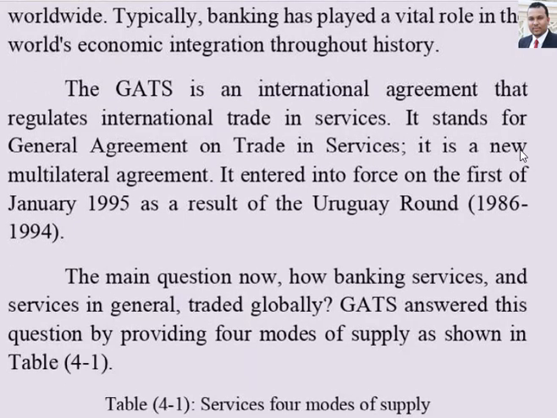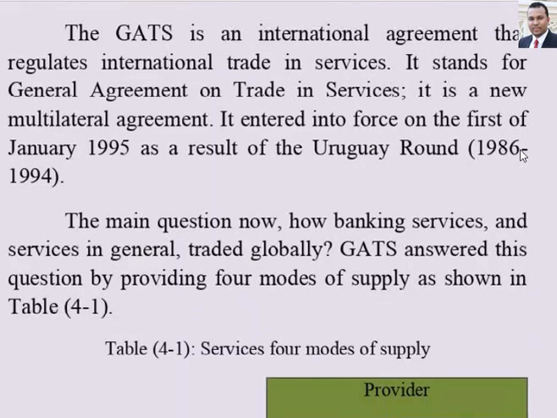This agreement, GATS, is a new multilateral agreement and entered into force in the beginning of 1995 as a result of the Uruguay round. The Uruguay round, in this case, is the negotiation process between countries in the case of GATT.